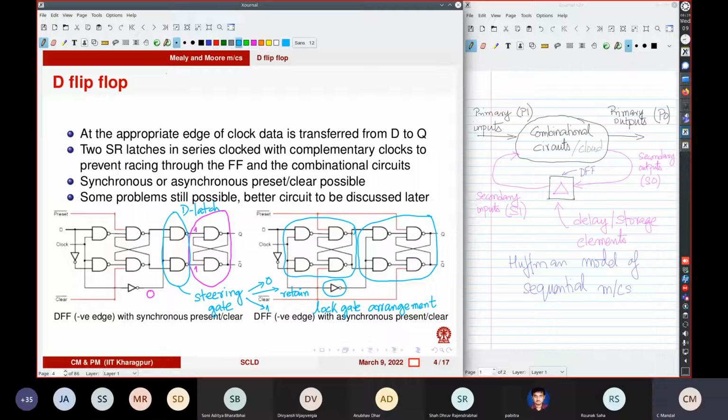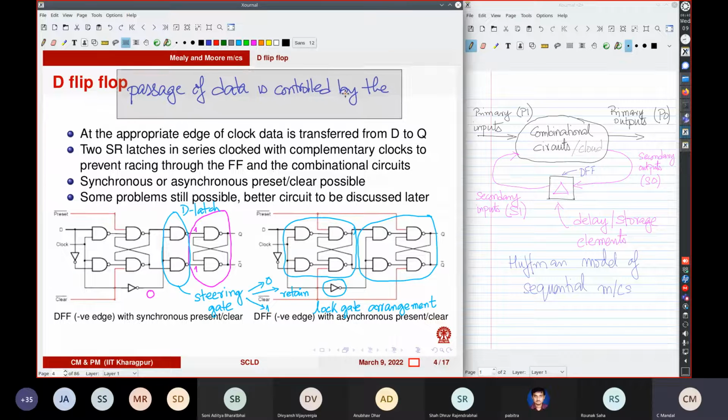So you can say that the passage of data is controlled by the clock. Let us just shift it a bit this side. Is controlled by the clock.